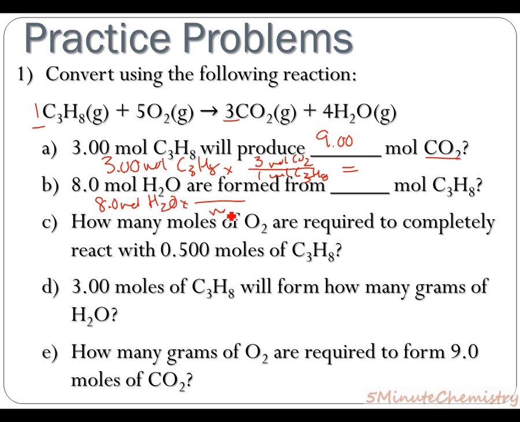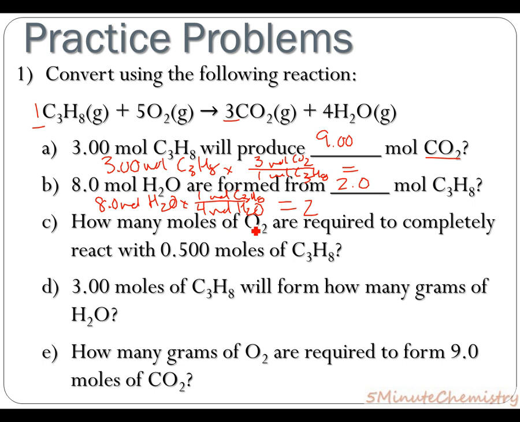We want to cancel moles of water and find moles of C3H8. So we compare 4 moles of water to 1 C3H8, and that's going to equal 8 times 1 divided by 4, which gives us 2, so there are 2.0 moles of C3H8.